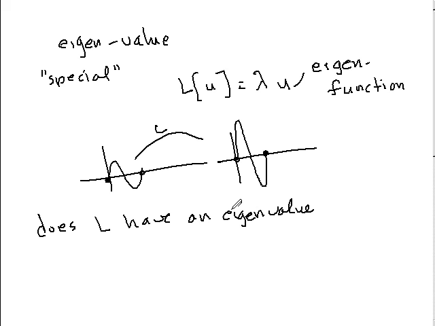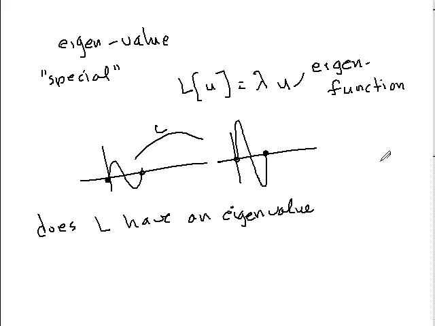Other than the origin. I mean, lambda equals 0 is sort of a trivial solution. If L has anything in the null space, then that's sort of like an eigenvector, so eigenvalue.